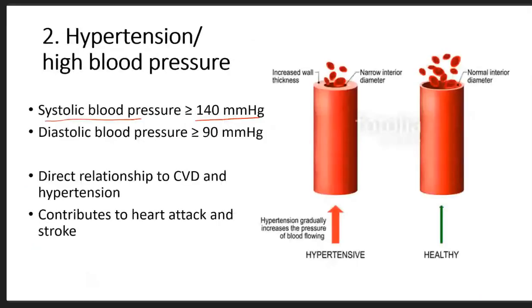Okay, for a person with hypertension, systole bacaan dia lebih daripada 140. Beza tak? Asal 120, 70. Tapi for a person that have high blood pressure, hypertension, the systolic reading will be 140. Bacaan atas dia 140, bacaan bawah dia about 90 macam tu. Okay? So beza kat situ.